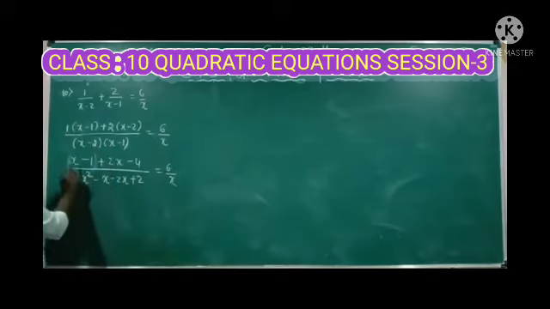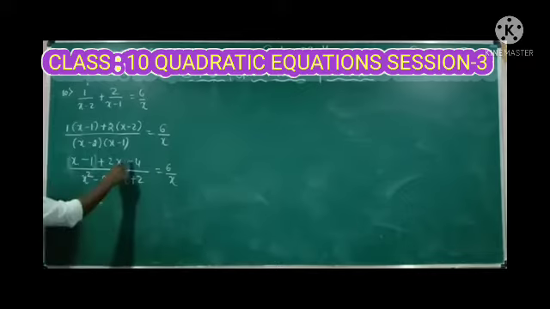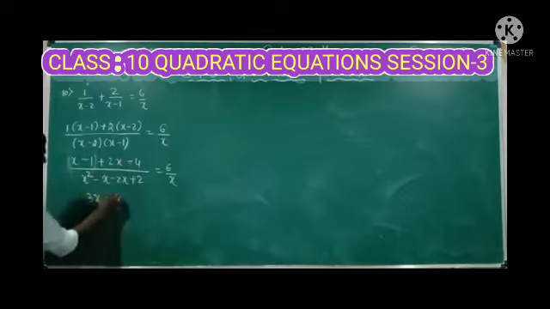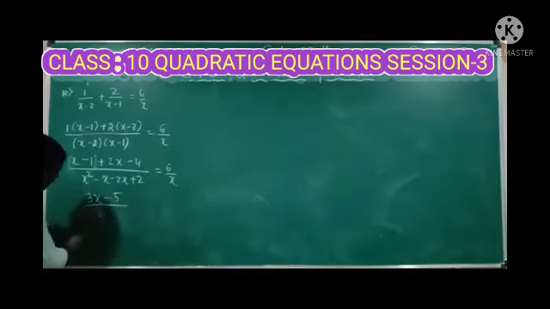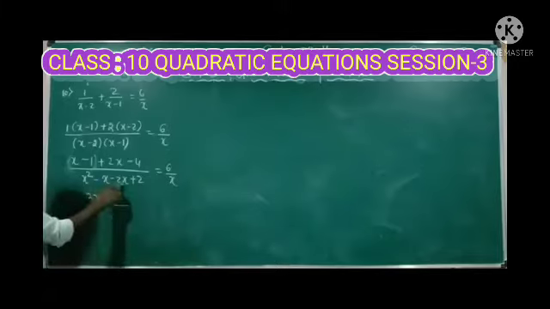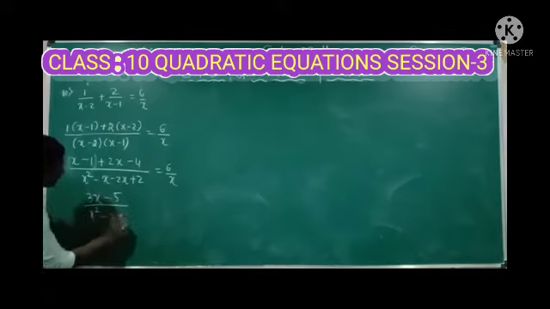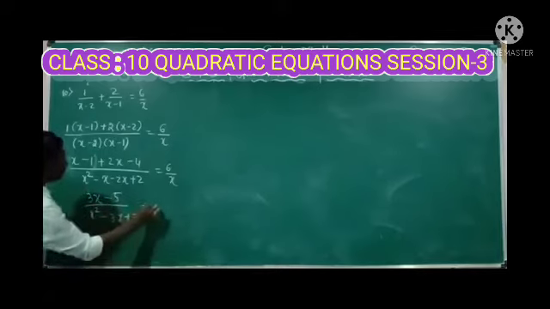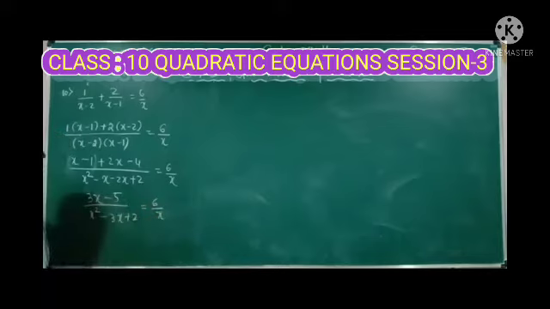Then x plus 2x is 3x, minus 1 minus 4 is minus 5, divided by x squared minus x minus 2x plus 2, which is x squared minus 3x plus 2, equal to 6 by x.